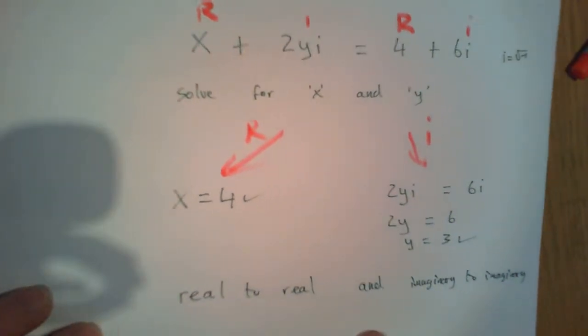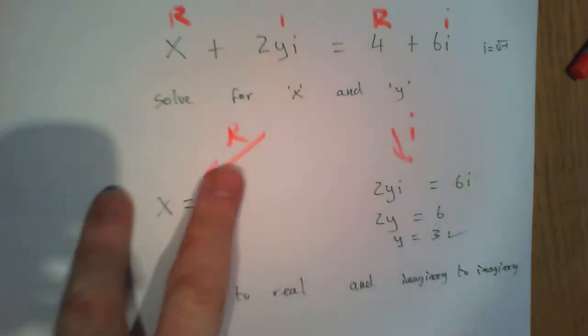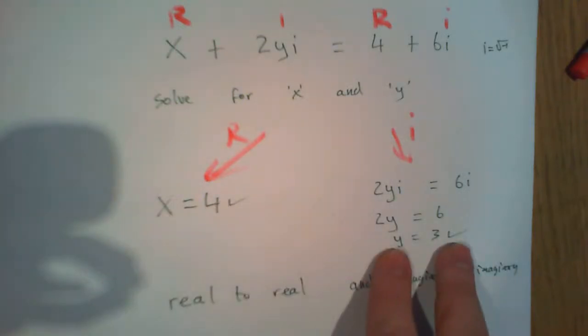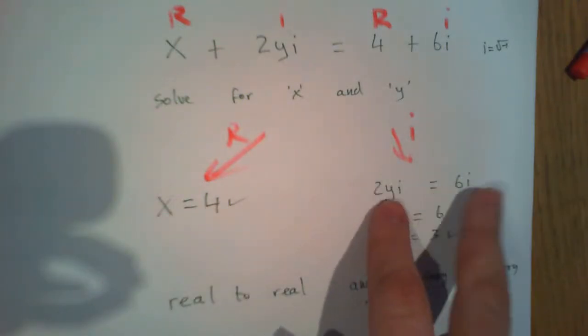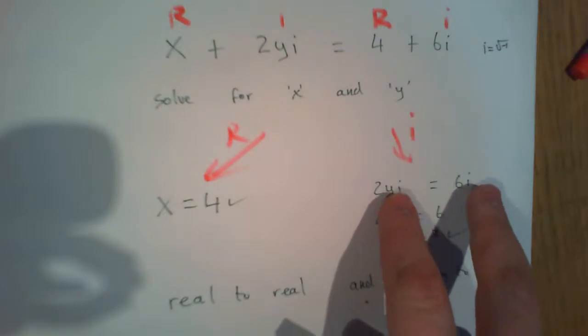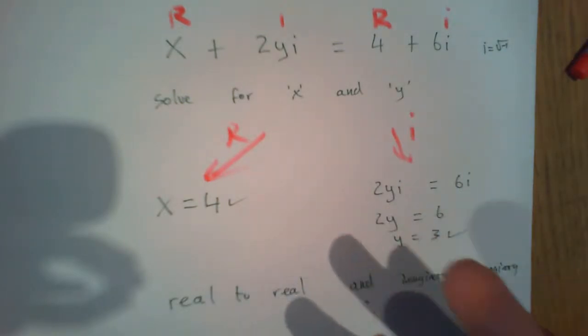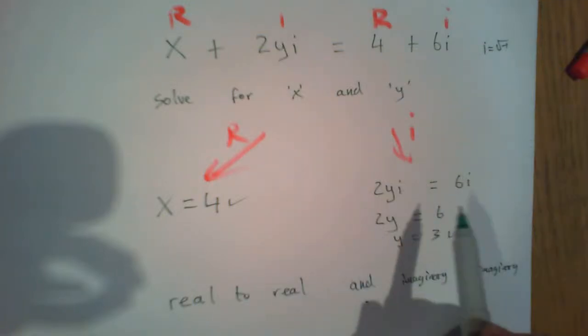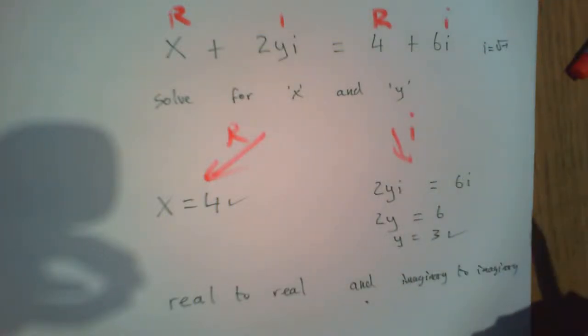So if you follow this mantra, keep the reals to the reals, the imaginaries to the imaginaries, and then solve them as normal. Because when you have all the imaginaries together, it's actually the same as if the imaginary part didn't exist. Because it's common to everything, you can just divide it out.